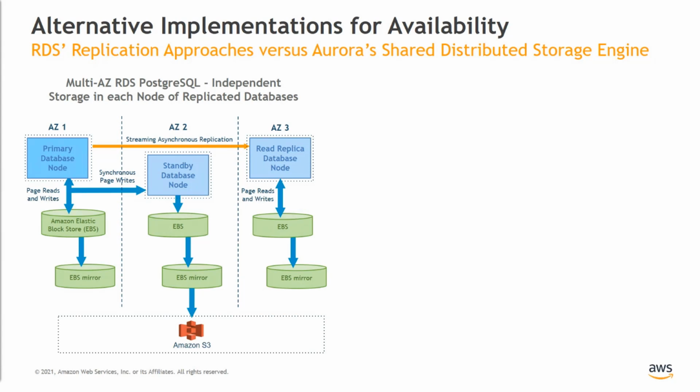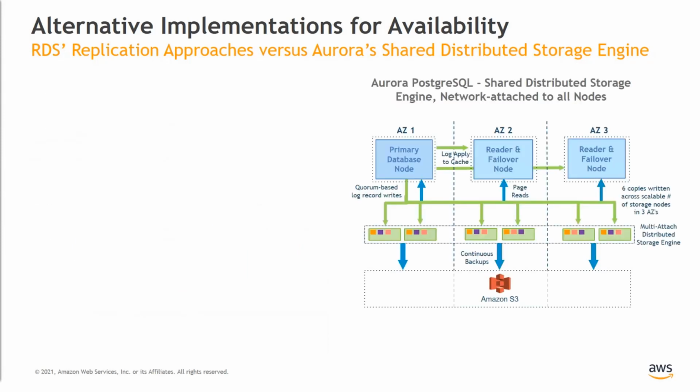In RDS, we have a multi-AZ standby model that uses synchronous page writes, as we show here, but traditional databases would use asynchronous database replication to maintain those independent copies and keep them in sync with the primary database. Okay, and that was state of the art really since, frankly, the very early 1990s.